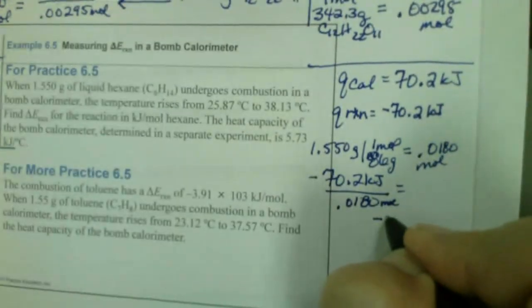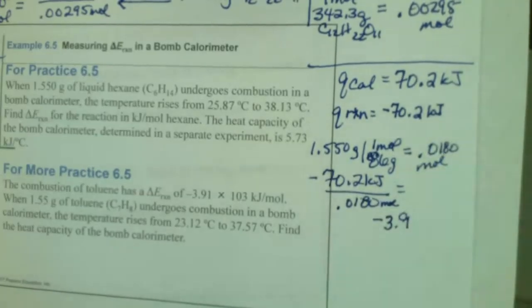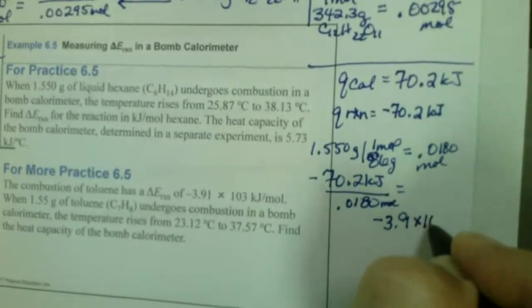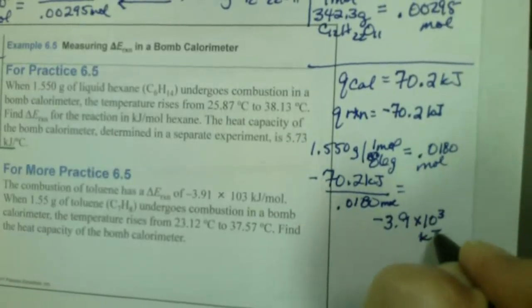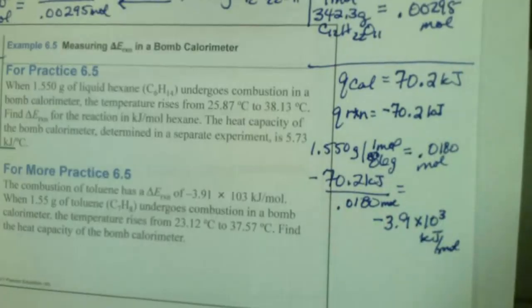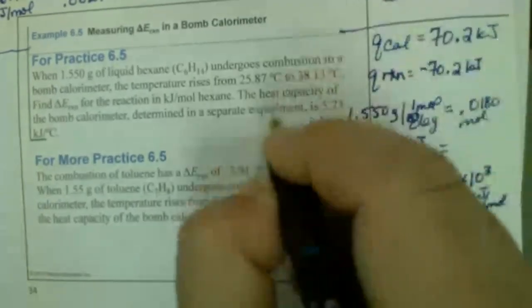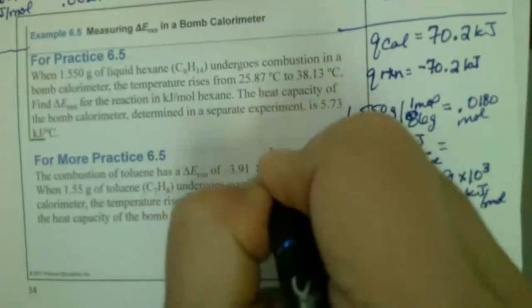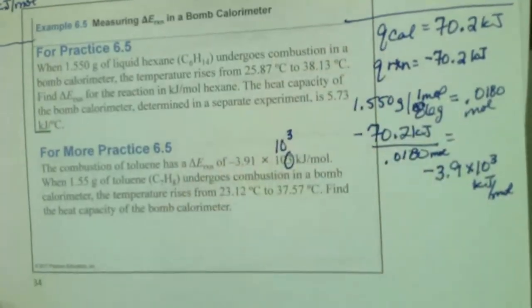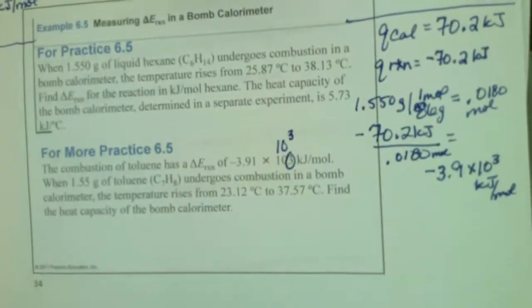And I get negative 3.9 times 10 to the third kilojoules per mole. Okay. For the next one, I apologize. There is a problem here. That should be 10 to the third, and I didn't catch that typo until just now.